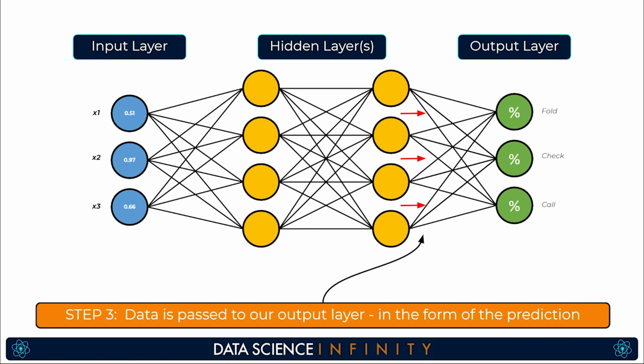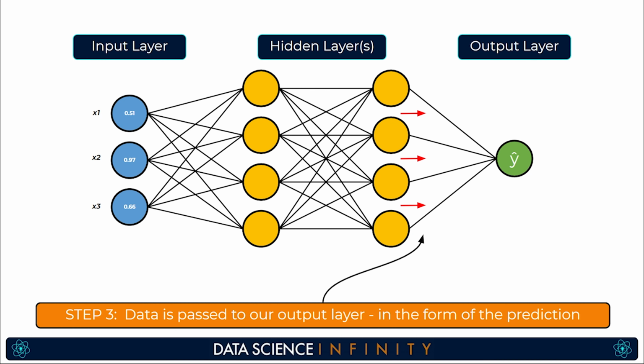And in most cases, we would want those neurons to represent the probability of each data point belonging to each of those classes. For now, however, let's just stick with our current regression example and continue working through the high-level process. And at this stage, I know this is a lot to take in, especially if this is your first time learning about neural networks. So let's very quickly just refresh the steps so far.